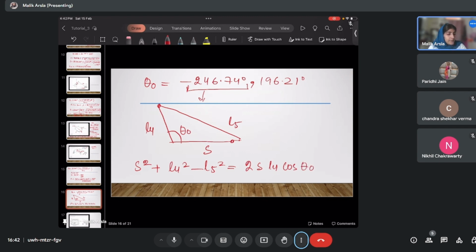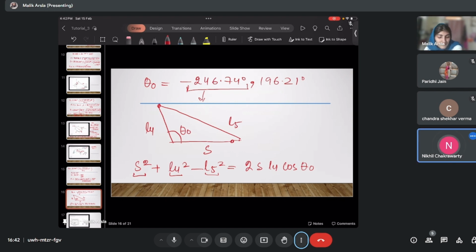So here S you have to figure out. This will be a quadratic equation in S. L4 is given, L5 is given, and you can find the value of S. Otherwise you can simply use the formula which you were using for the 3R1P chain, and you can calculate this and tell me what values you are getting.